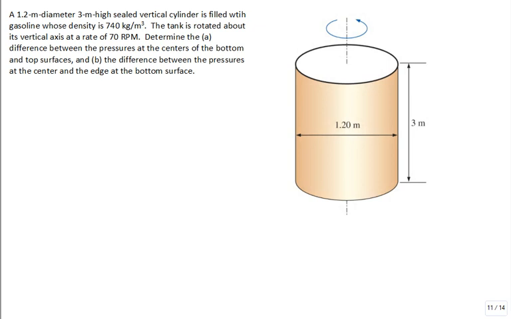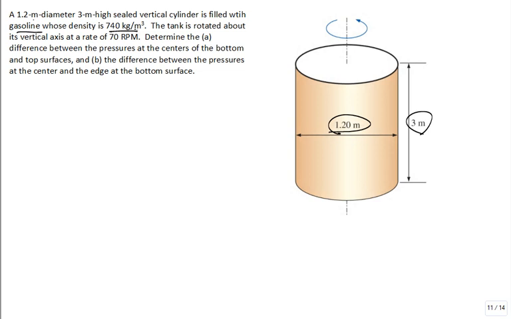Let's take a look at this problem. We have a 1.2 meter diameter, 3 meter high, sealed vertical cylinder. So it's a cylinder filled with fluid, gasoline, that has this density, 740 kilograms per cubic meter. The cylinder's filled with the fluid, so even though I start spinning it, I'm not going to develop a change in the interface between any air.